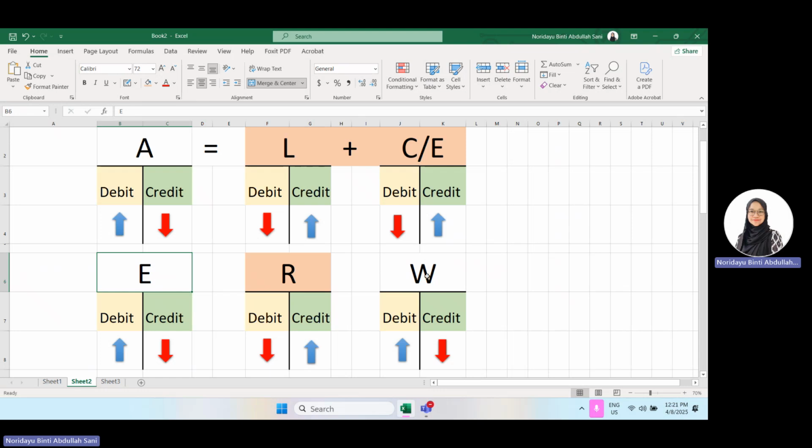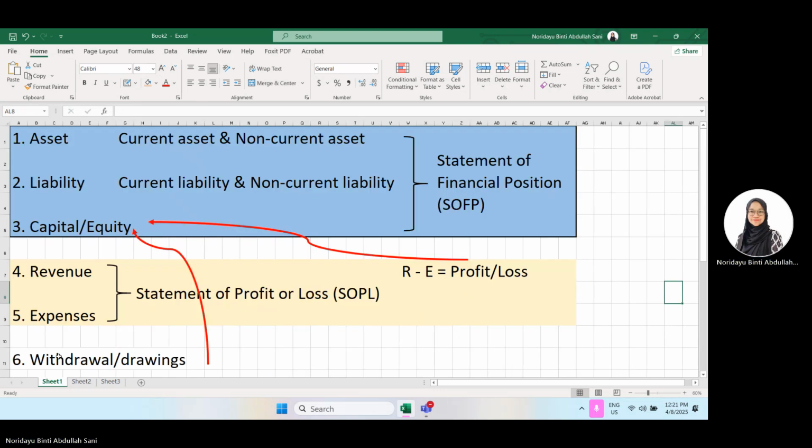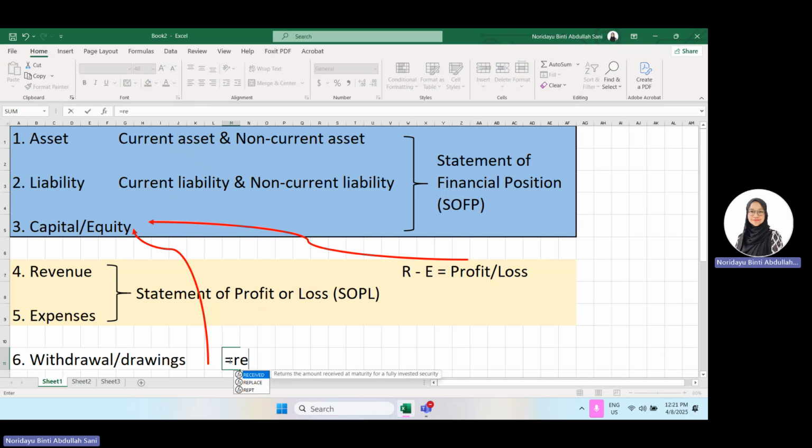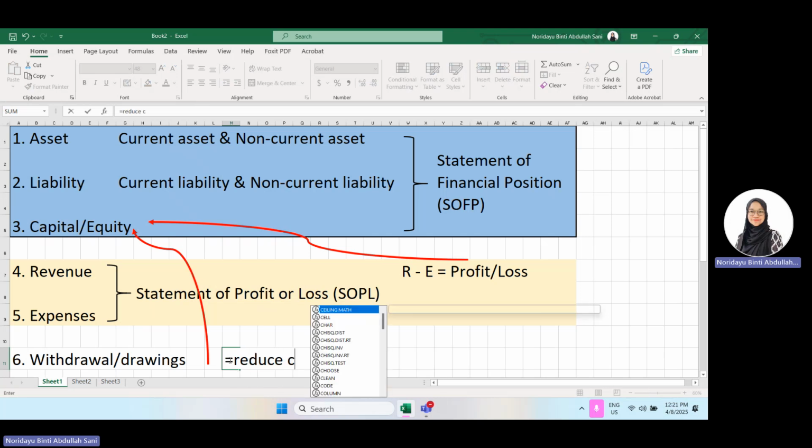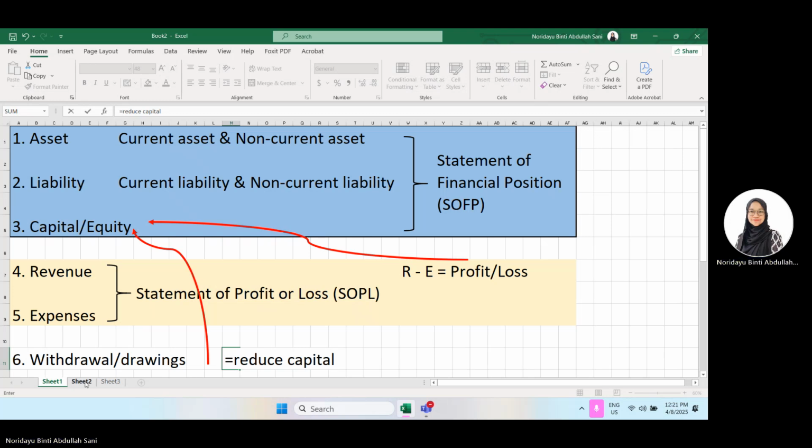Meanwhile, for withdrawal, the owner took cash or assets for his or her personal use. Then this withdrawal or drawings will reduce the capital, or your equity.